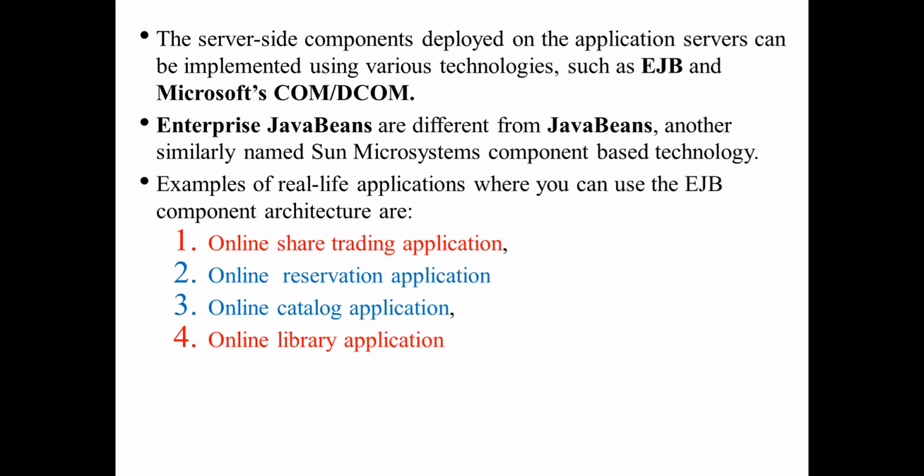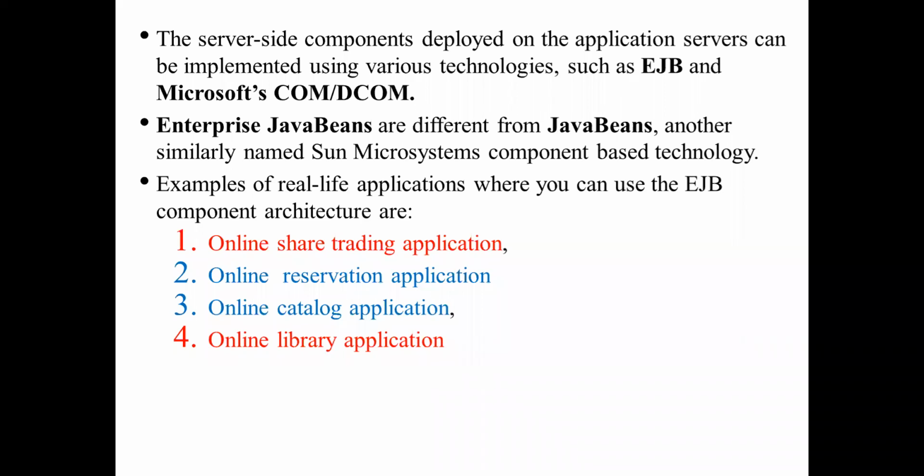The next point, enterprise Java Beans is different from the ordinary Java Beans, because the ordinary Java Beans is not the same as the Sun Microsystems component, since EJB is based on the technology of Sun Microsystems.